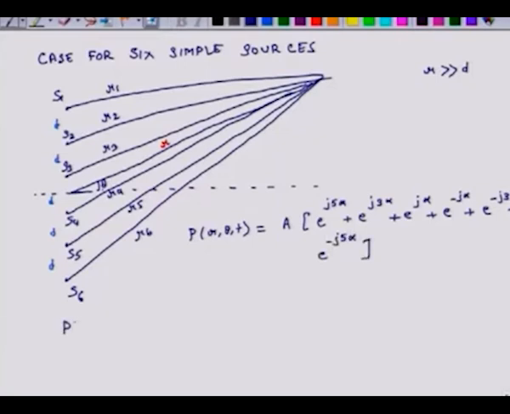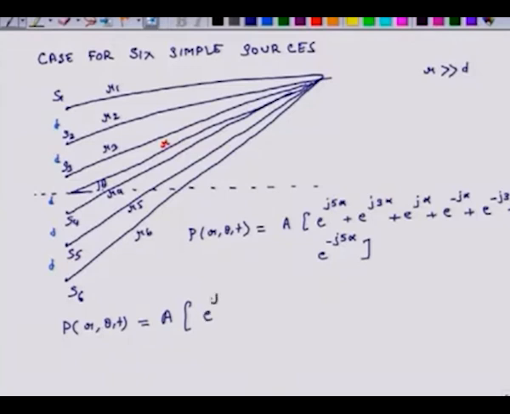I can rewrite this expression as P, which depends on r theta and t, equals A times. So, now I am going to organize these terms according to their powers.